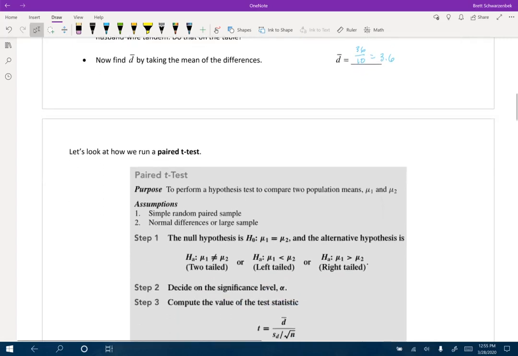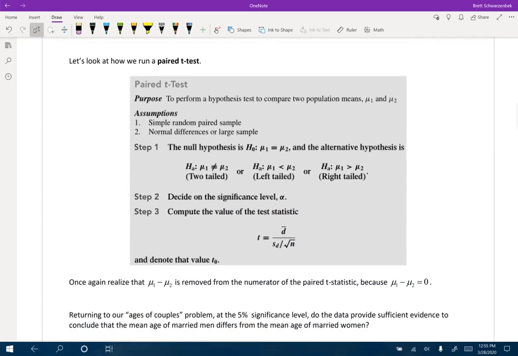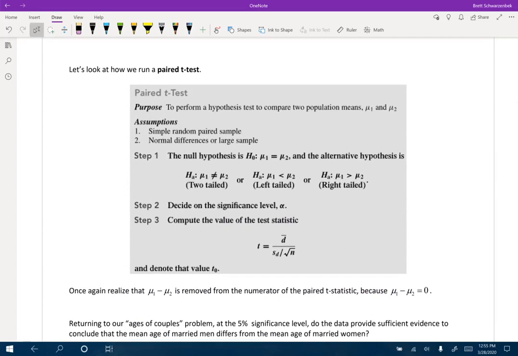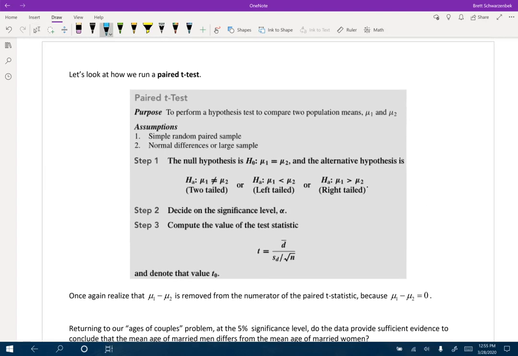So let's take a look at what the procedures are for what's called a paired t-test. Okay, a paired t-test is going to be a little bit different. We already talked about how the formula is going to be different, but you're going to see some differences in the assumptions. So 2 assumptions, basically, we have simple random paired sample, and we have normal differences or a large sample.